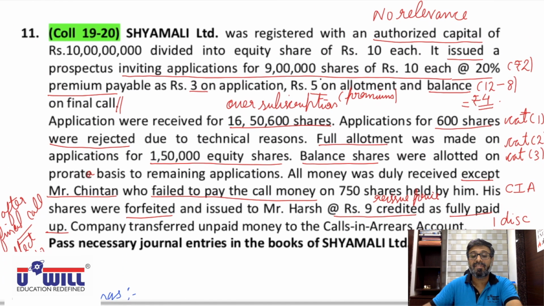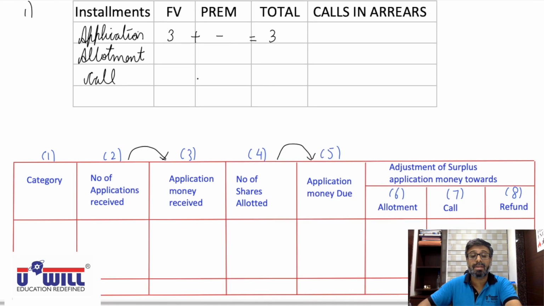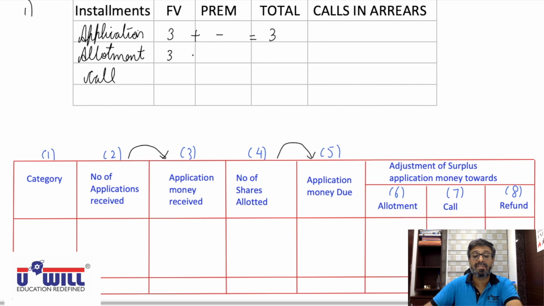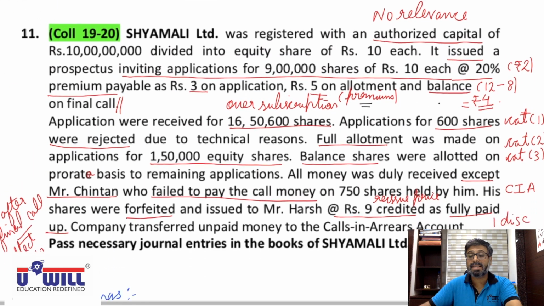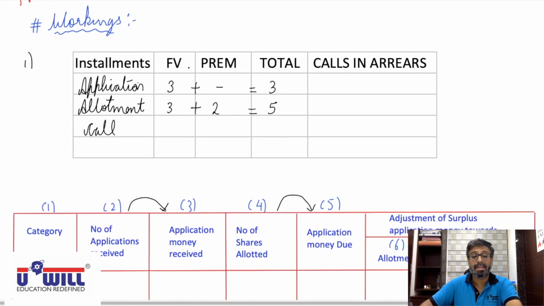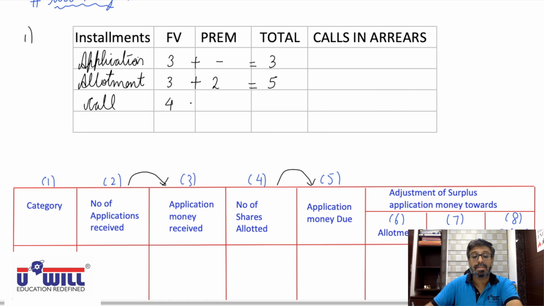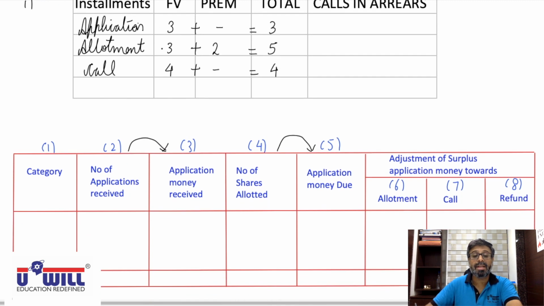Allotment is 5 rupees, and I told you in allotment there is a misprinting, it should be mentioned including premium. So out of 5, 2 is premium, means 3 is towards the face value. So 3 plus 2 of premium, 5. And final call we discussed is 4 rupees, 12 minus 8. So 4 plus 0, that is 4. So 3 plus 3, 6 plus 4, total amount of face value 10 plus premium 2 and total 12.